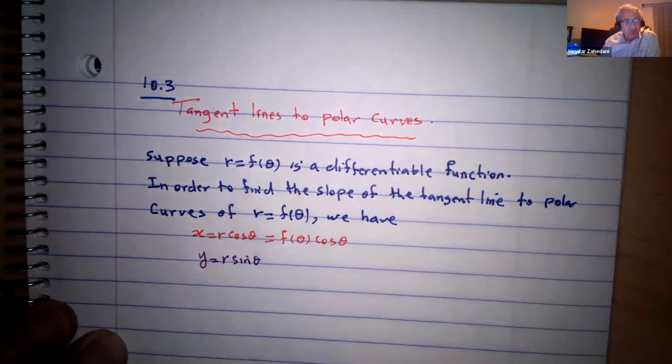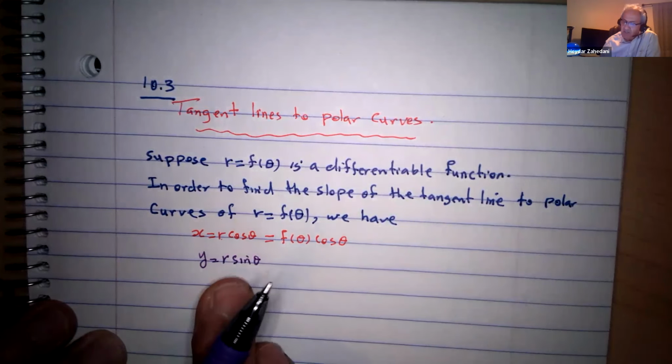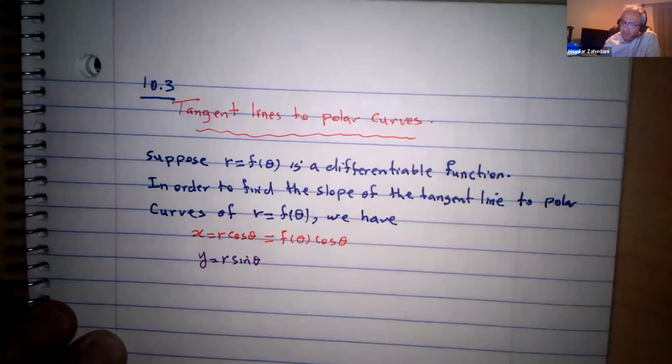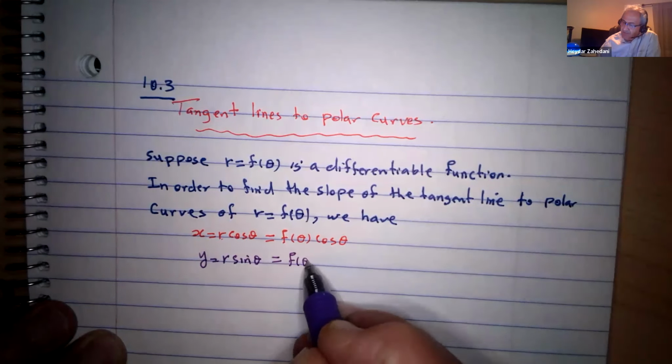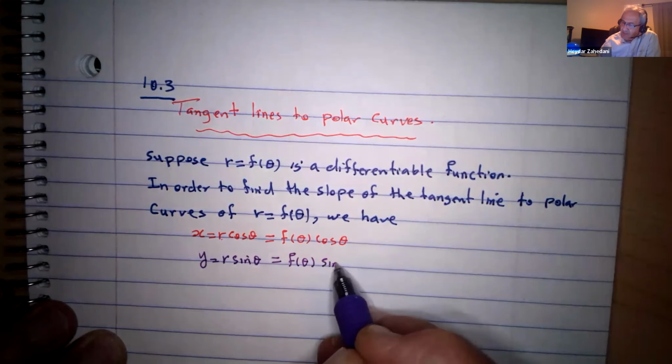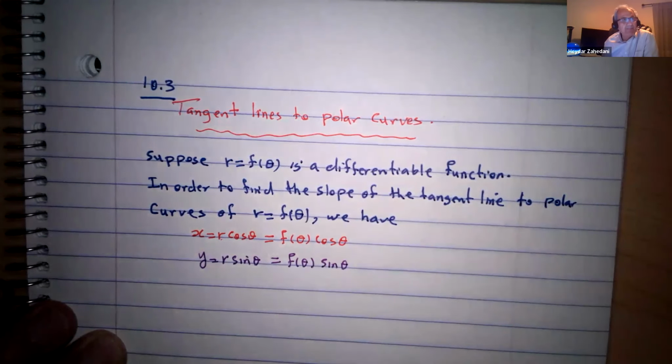You know that y is on the vertical coordinate, which is the sine, and the other one is horizontal, which is the cosine. Substituting for r, that gives f of theta times sine theta. So this is the situation we have for x and y.